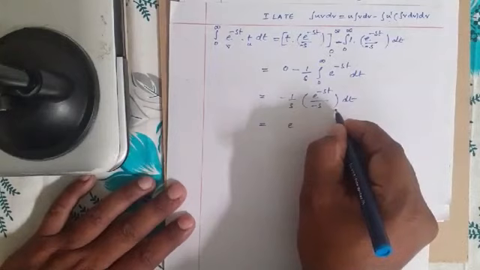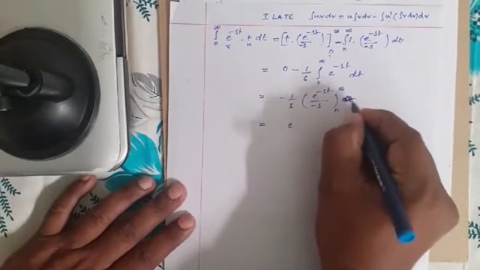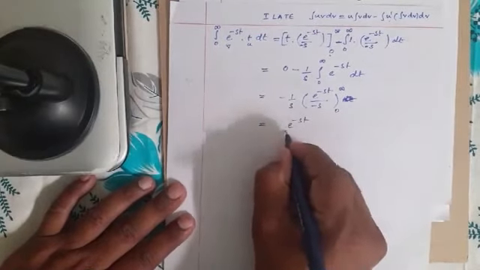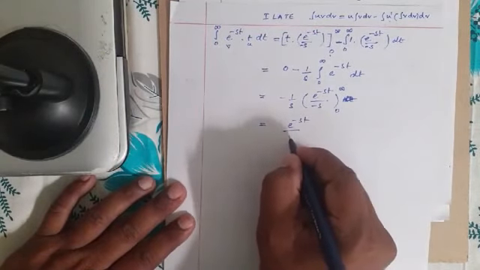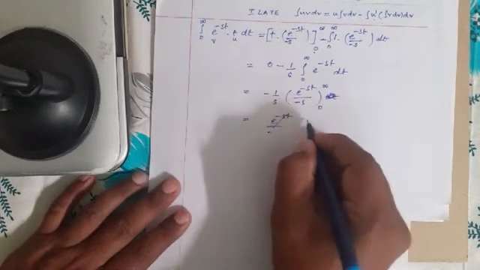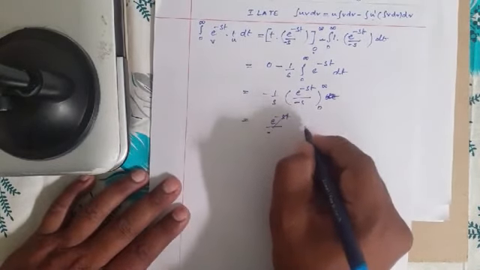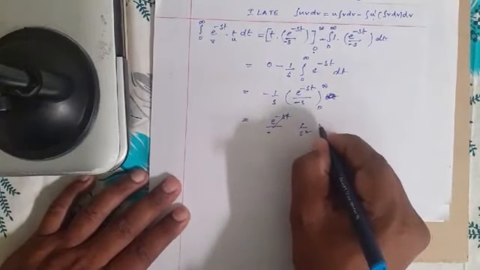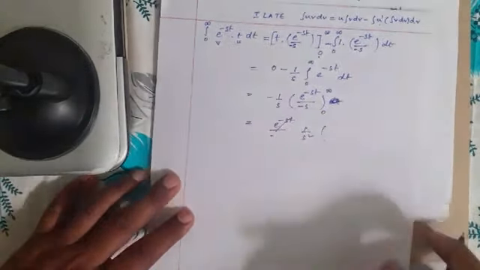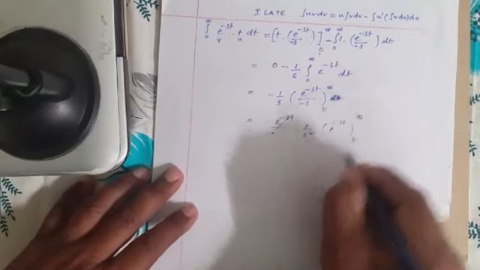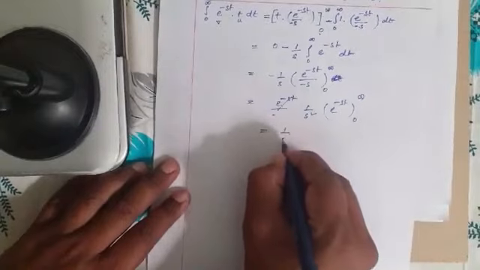Now when you apply the limits 0 to infinity, this s goes there, so this becomes 1 by s square.